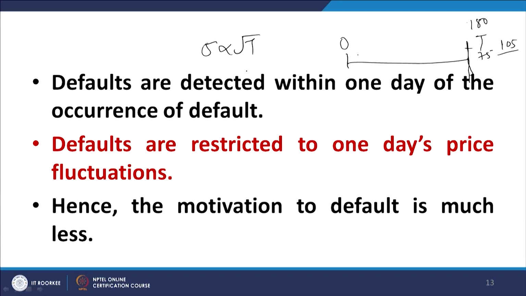And the second thing is, you can always get out of these futures contracts. You can take a counter position and close out your position in the futures contract at any time you like, which benefit is not available in a forward. So, defaults in the case of futures contracts, because of marking to market, are confined to 1 day's default, which is very small compared to the situation that we may face in a forward contract.